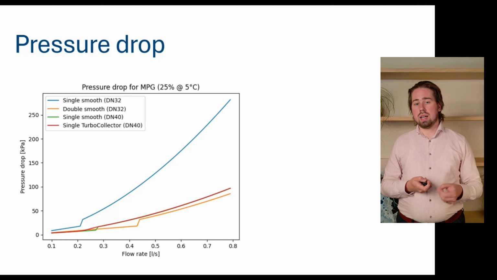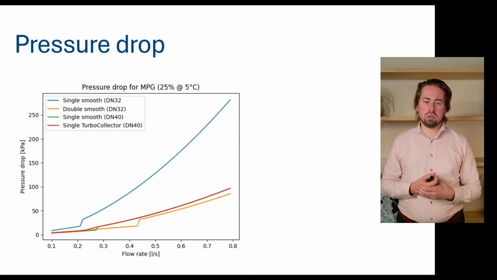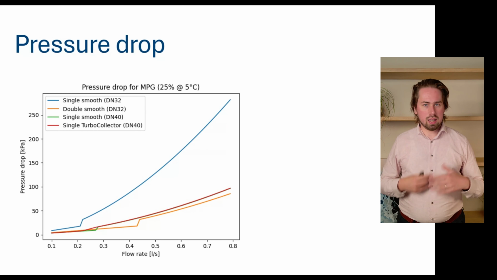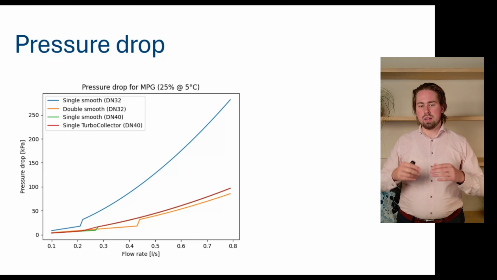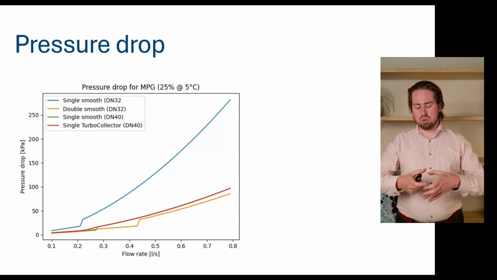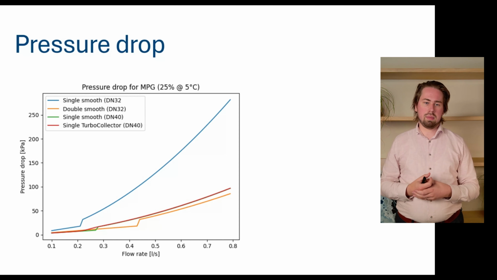If we now add again the DN40 to this equation, you see that the pressure drop is significantly lower, as we discussed already last time, for this single DN40 than for the single DN32, due to the fact that we now have a larger diameter.